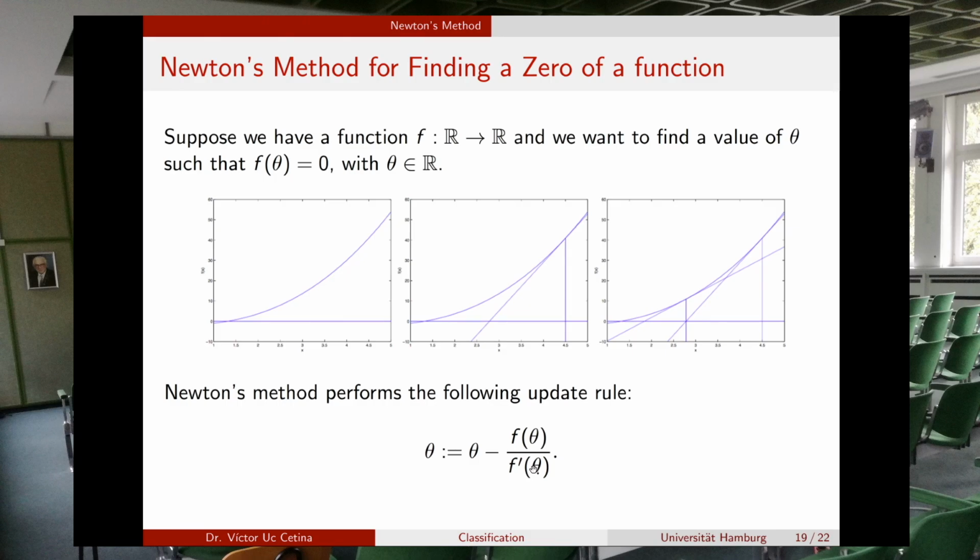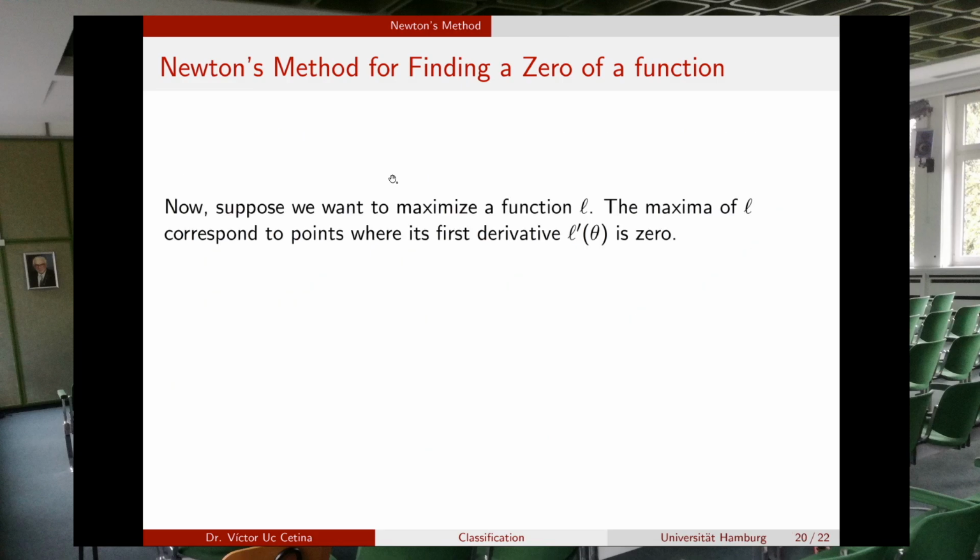Now this rule is for when theta is a scalar, so it's only one number, and we need to solve this for many parameters. The only thing we need to do is to use what is called the Hessian matrix. But before going to the final equation, we can talk about how we can apply this for maximization.